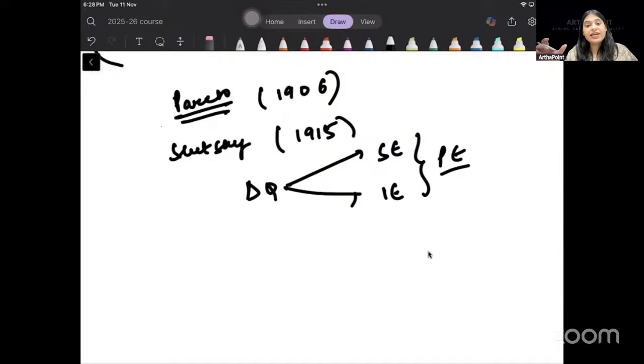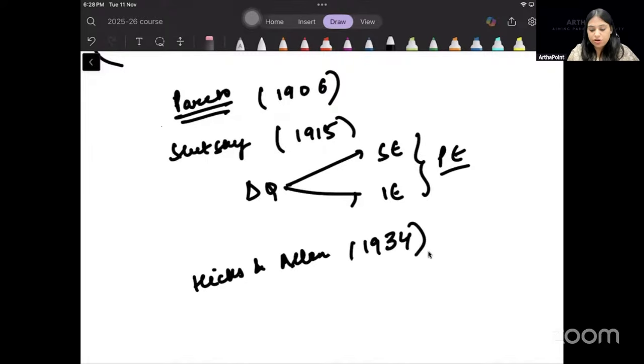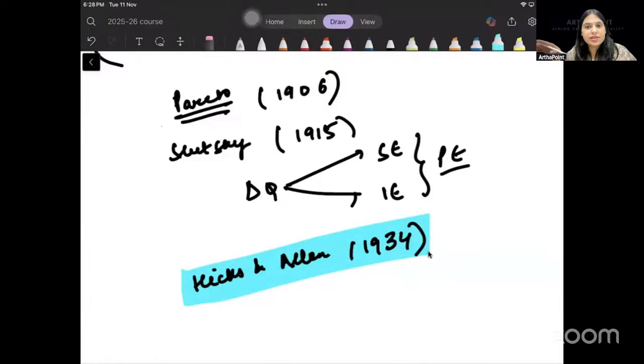Then again we had to put these things in a book. We had to formalize them. So then came Hicks and Allen. Very important year, very important economists. Somewhere or other you will find their names in the exam.